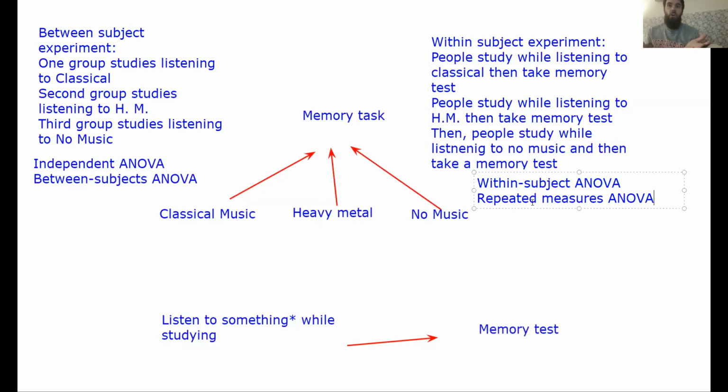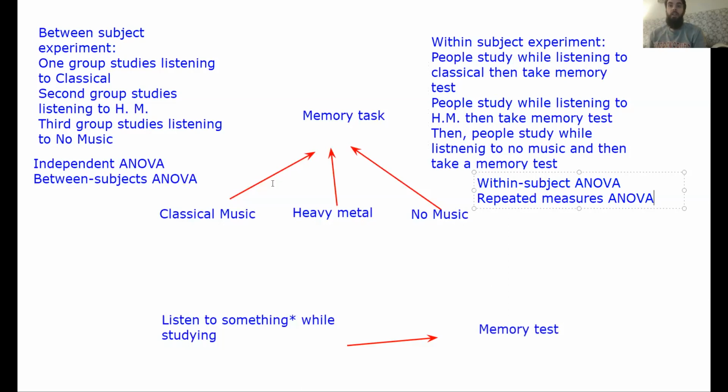Now, I tend to just call the different ANOVAs between subjects ANOVA versus within subjects ANOVA because that seems easiest to me. So we can definitely just keep that convention because it just seems right and best. But yeah, those are the two different kinds of one-way ANOVA that we can have.